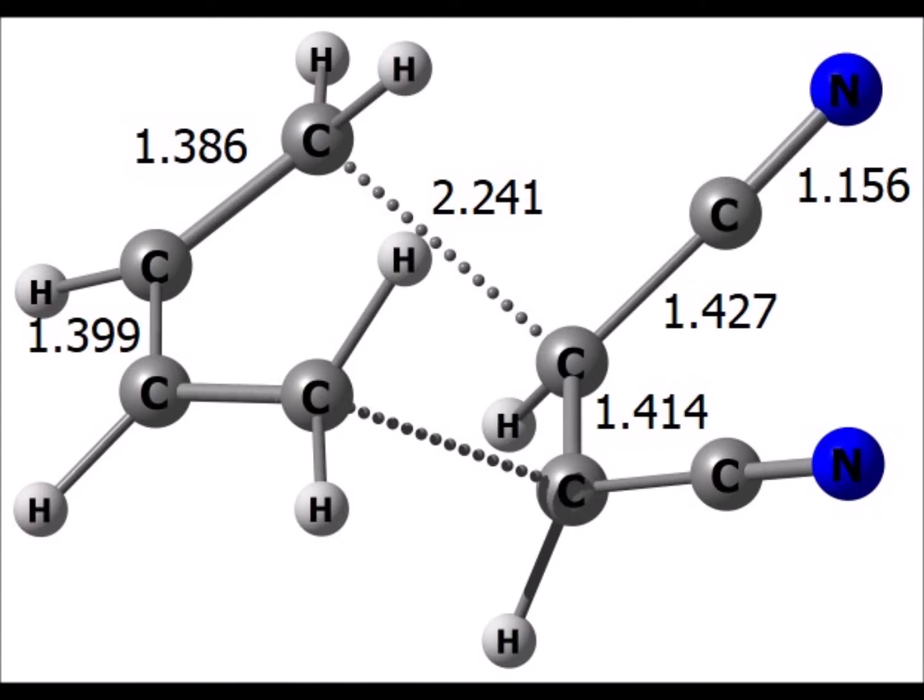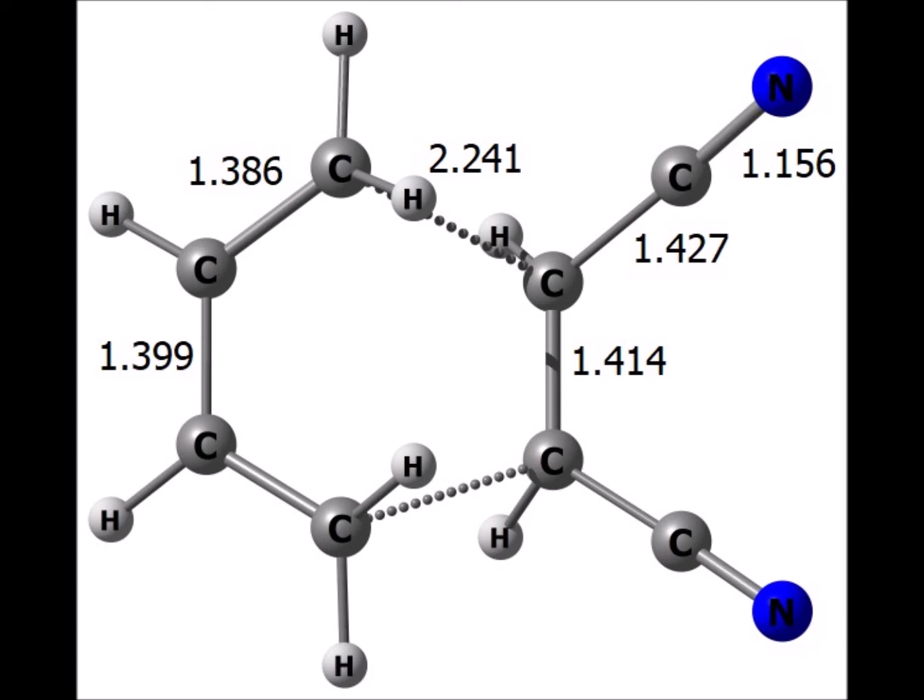Here we have two consecutive views of the computed transition state for the addition of the 1,3-butadiene to the cis dicyanoethylene. Note here that we have strongly electron withdrawing groups attached to the dienophile.